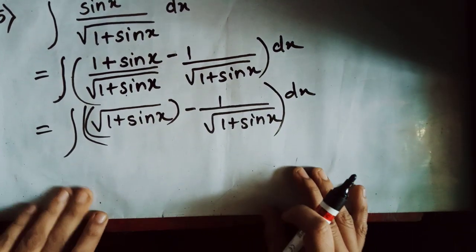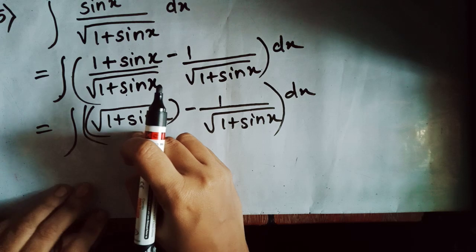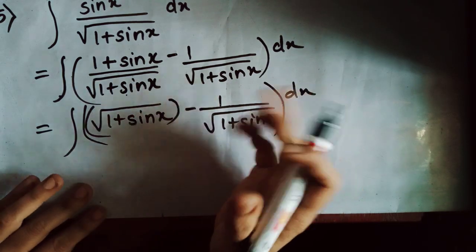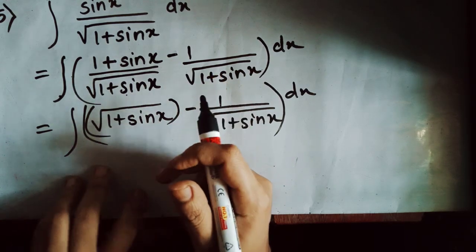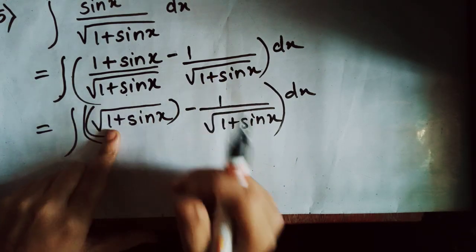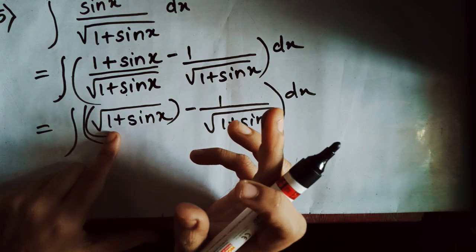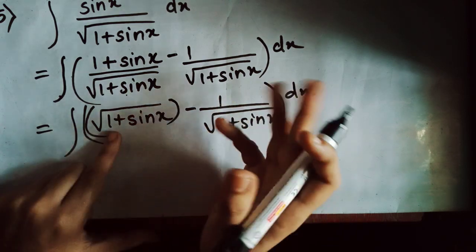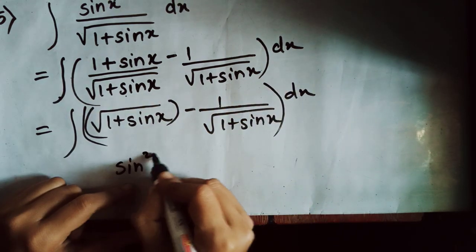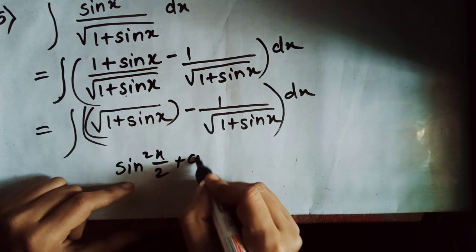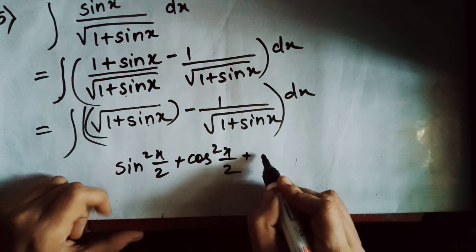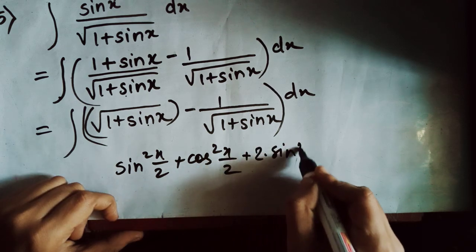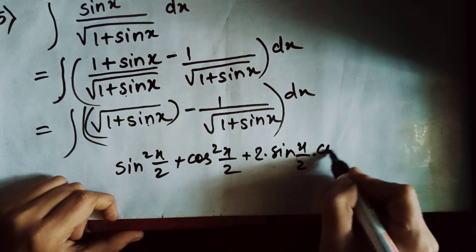Now can you use something here which I have done in half angle formula? This type of problems we have solved, integrals, right? This one I can write as sine square x by 2 plus cos square x by 2, right? And this sin x I can write as 2 times sine x by 2 into cos x by 2.